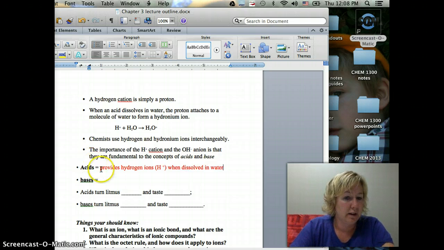Okay, you non-chemistry people, I bet you can see the problem with this definition already. But let's move on and then I'll tell you what the problem is.